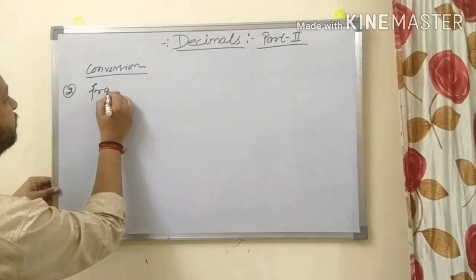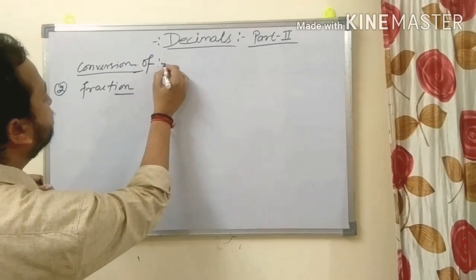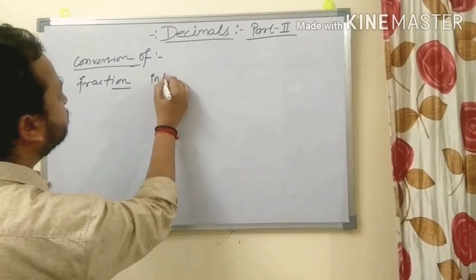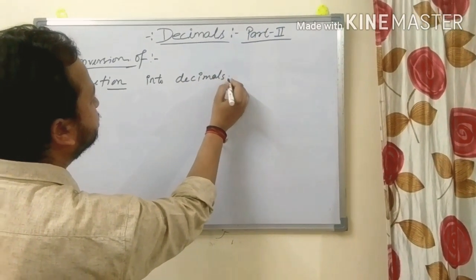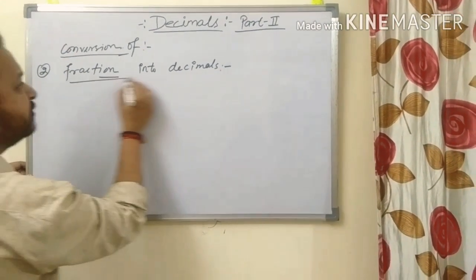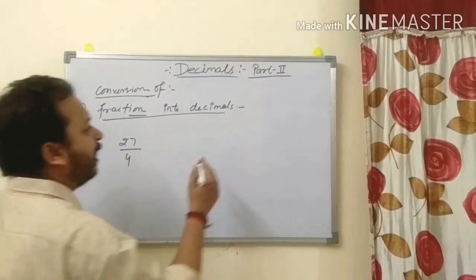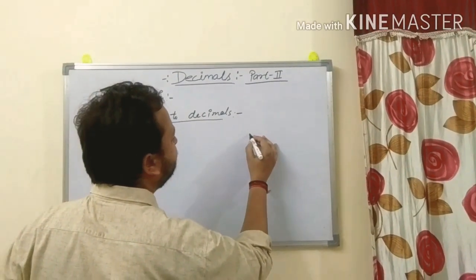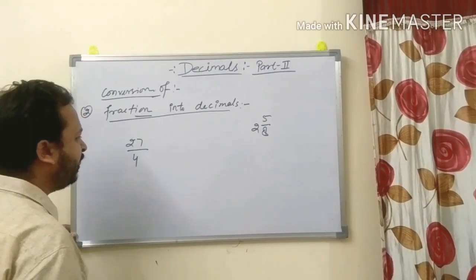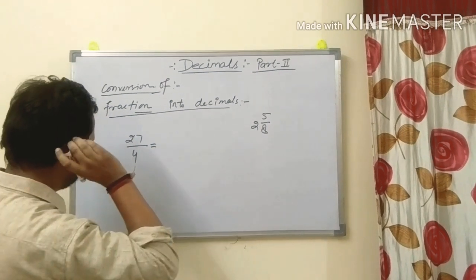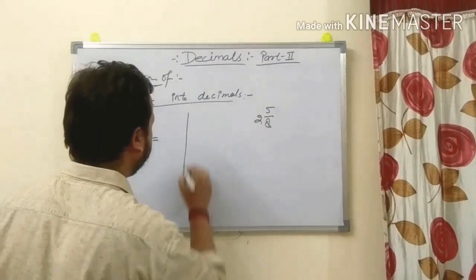Second, conversion of fraction into decimal, right? Suppose a number is given as 27 by 4 and one number is given as a mixed fraction, that is 2 whole 5 by 8, right? So apply the universal method, just divide it.